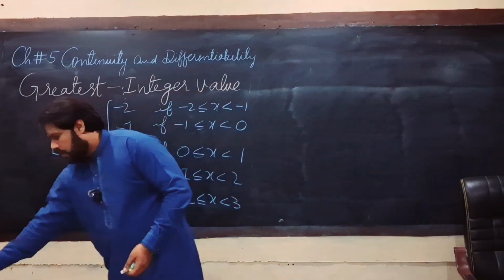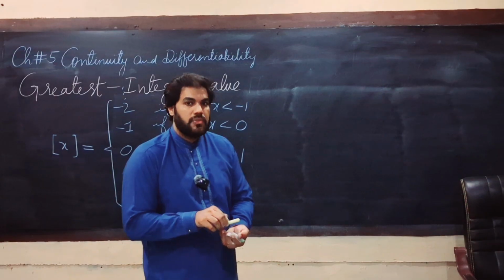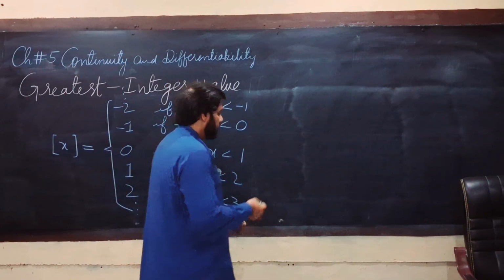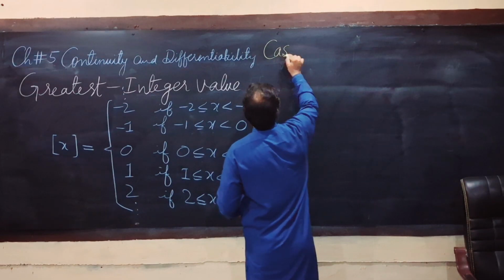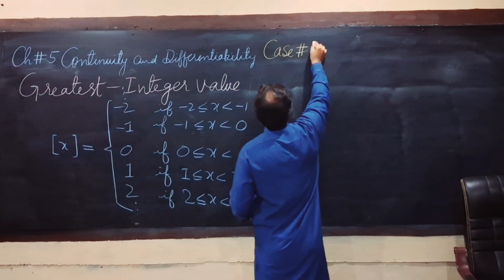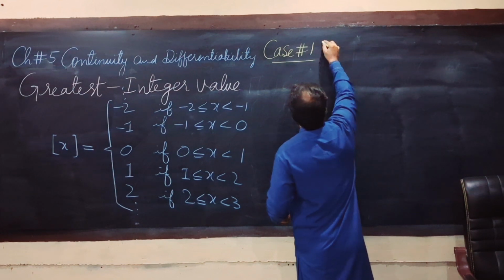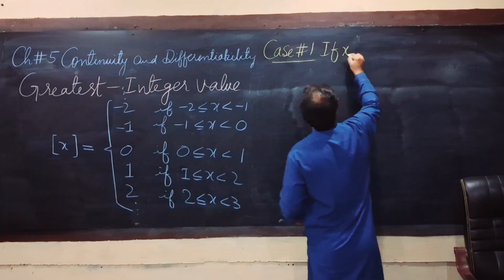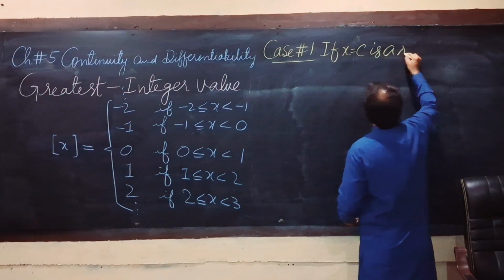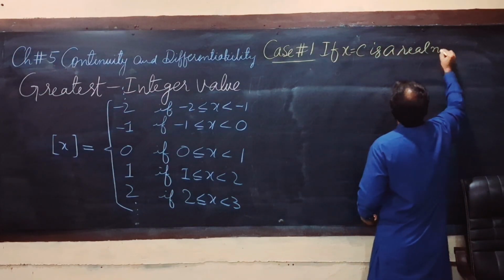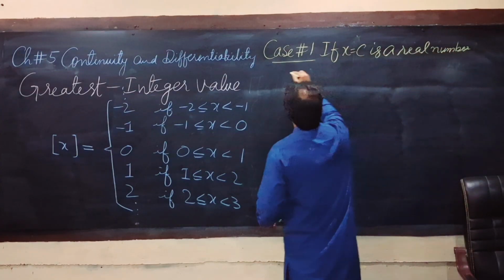Okay, here we will discuss two cases to prove this. Case number 1. If x is equal to c is a real number other than an integer.